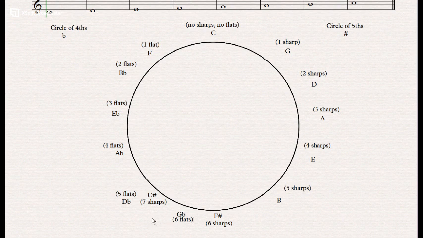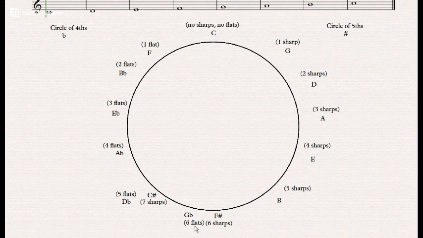Now keep in mind, it actually has the same amount of flats as sharps, but it's not because of where they are on the circle of fifths here. It's because we were going, 1, 2, 3, 4, 5 flats, 6 flats, and over here is 5 sharps, 6 sharps. It just happened to come out that way.